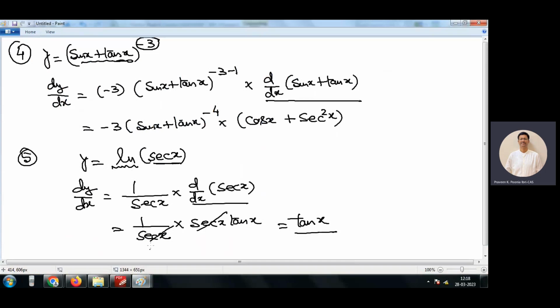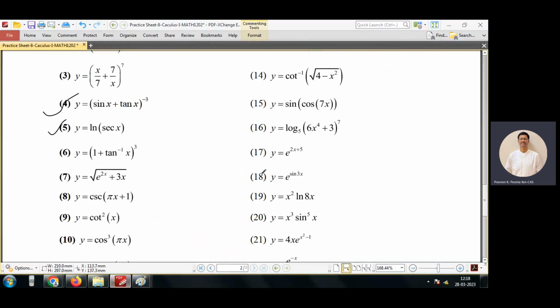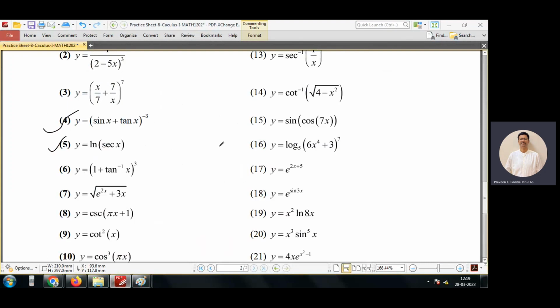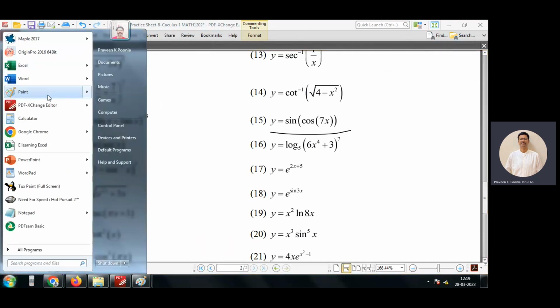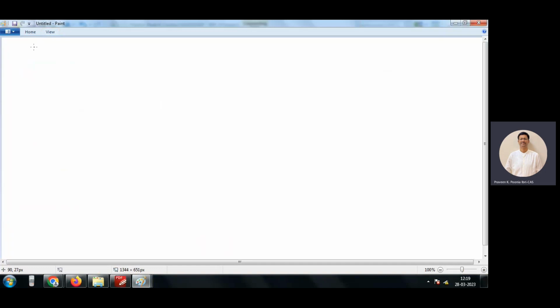So if you are finding any problem related to function of function, then you need to use this concept. Like I'll explain some question. I will explain question number 15. y is equal to sine cosine 7x, like this.